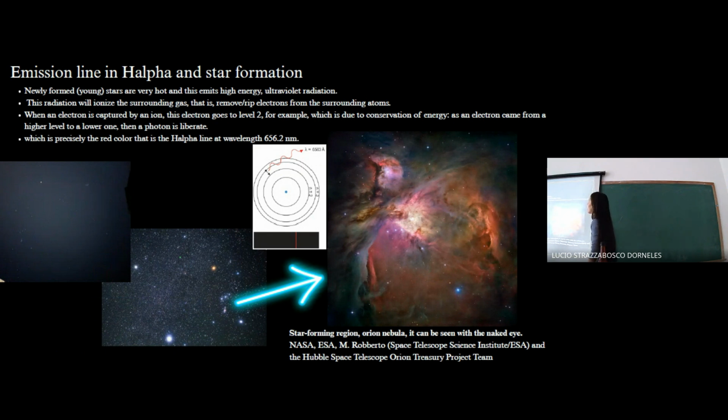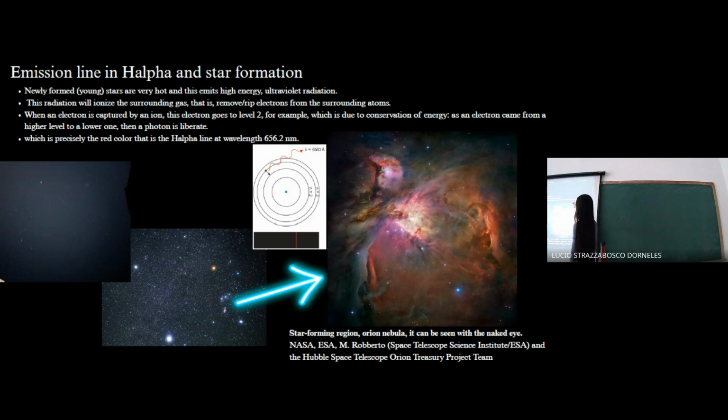So, what is the relation between this emission line and the star forming region? It is analogous to the past slide. So, newly formed young stars are very hot, and this emits high energy. And here, we are going to have ultraviolet radiation. So this radiation will ionize the surrounding gas, and so it will remove the electrons of the atoms from around here.